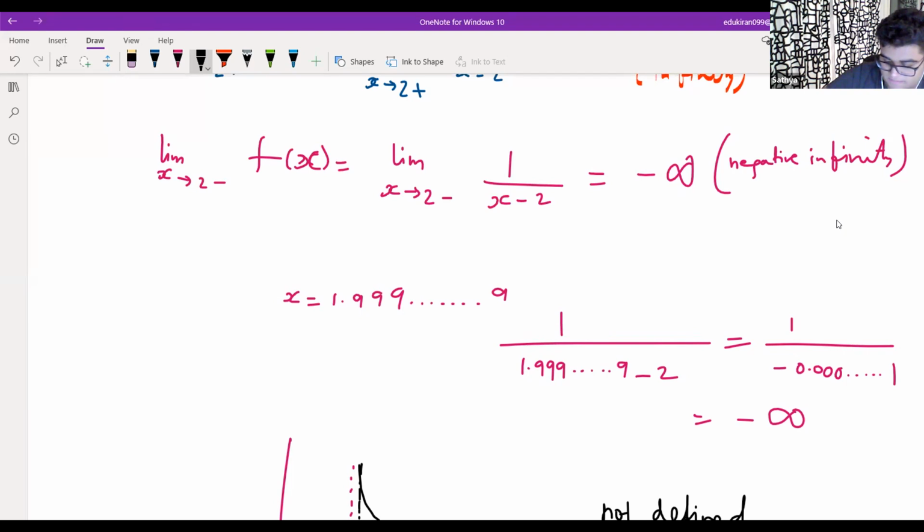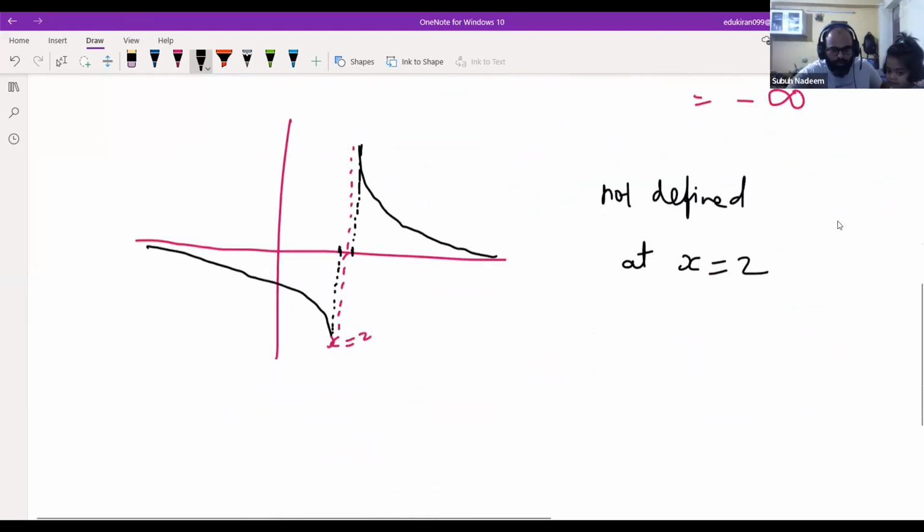Yeah, done, sir. With this graph also you have drawn? No, I have to draw it.